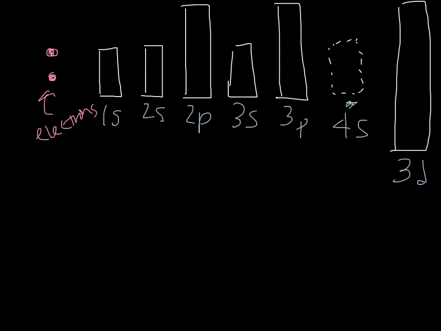So the weird thing is sometimes we'll fill up the 4s energy level before we do the 3d. So this will be a little bit confusing, but just keep on with it. Make sure you write stuff down, re-watch if you need to.